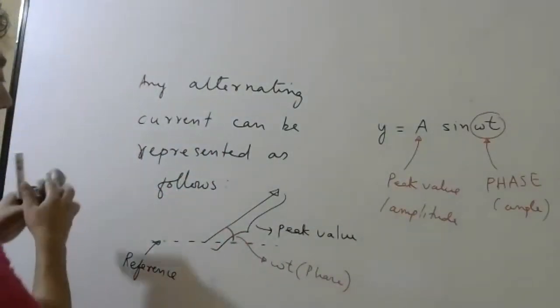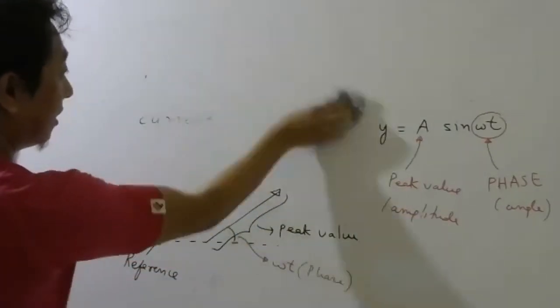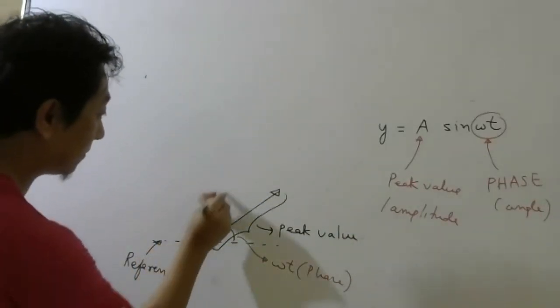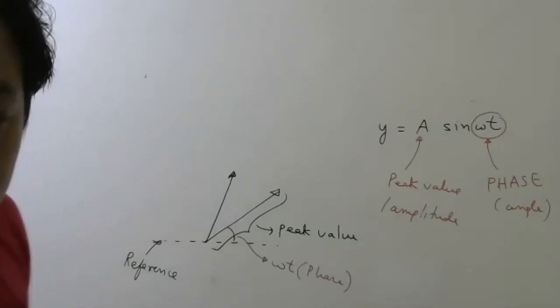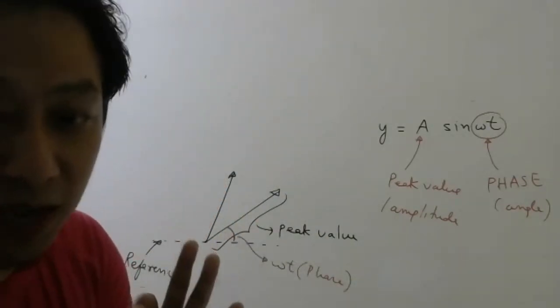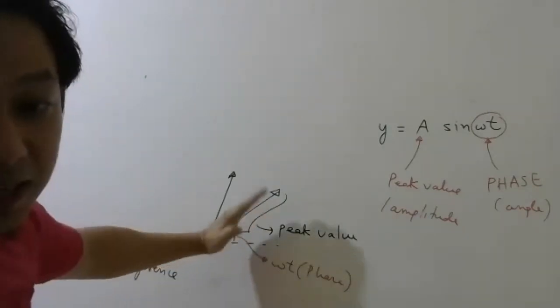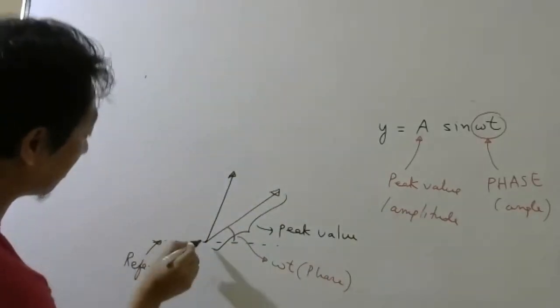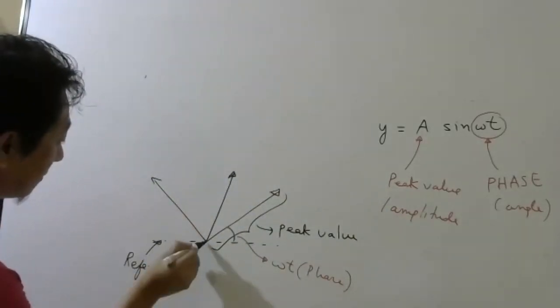After some time, this arrow will look like this. Agree, students? Why will it look like this? Because this angle will increase. This length will be constant, but the angle will increase.